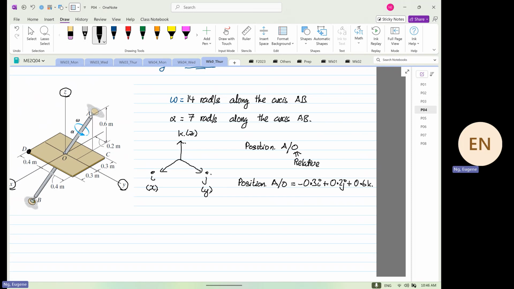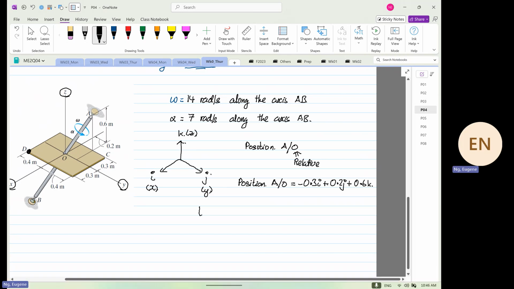So U, A relative to point O, will be equal to minus 0.3 I plus 0.2 J plus 0.6 K, and this whole thing will be divided by the square root of minus 0.3 squared plus 0.2 squared plus 0.6 squared.